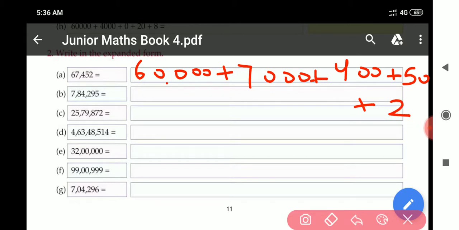Like this we will do all these parts. We'll look at the digit, count the number of digits after it, and according to that we will put the number of zeros and we will do the expanded form. Okay.